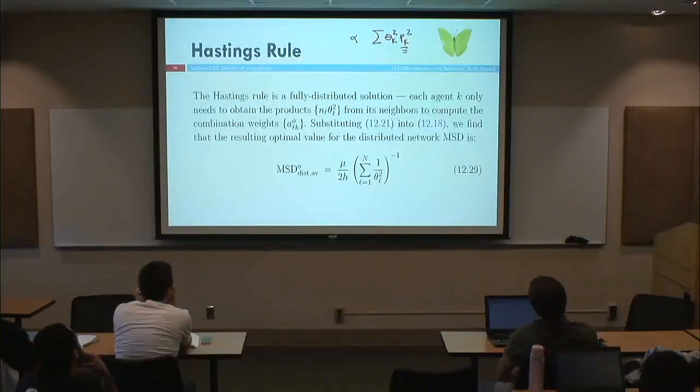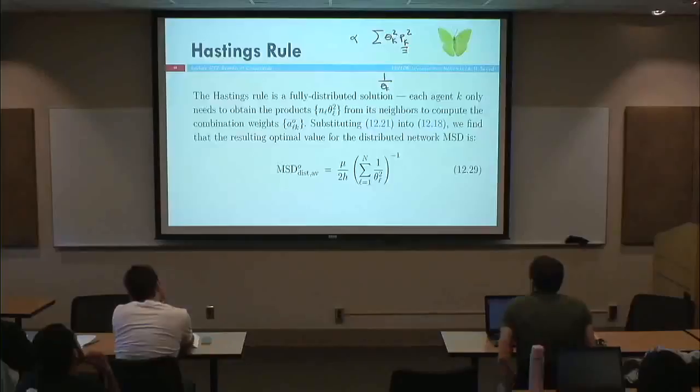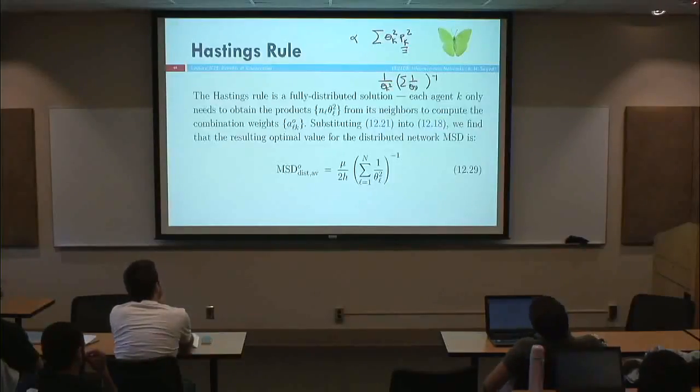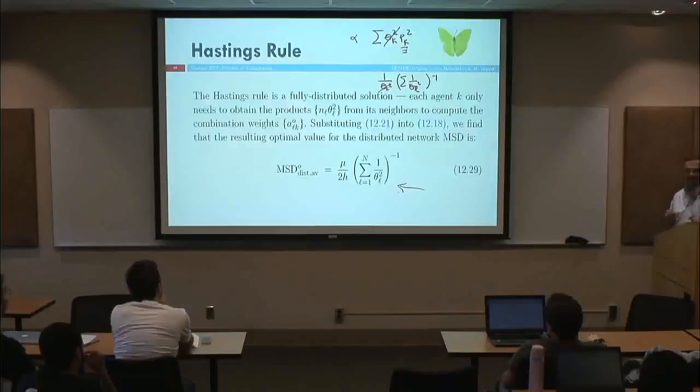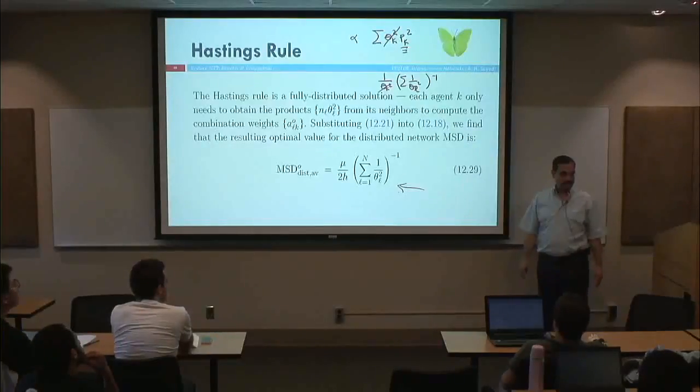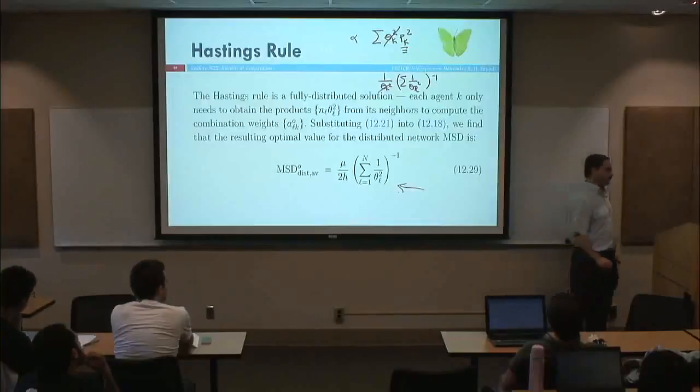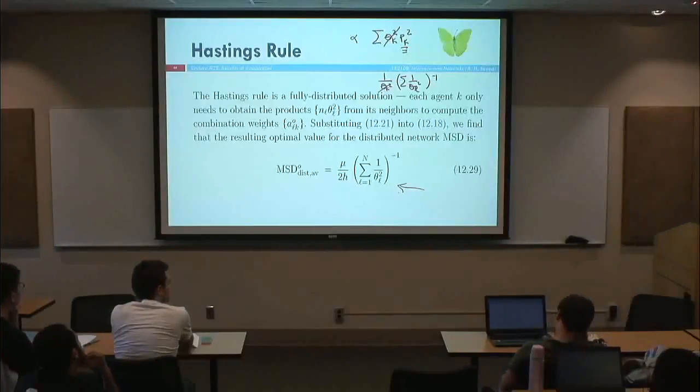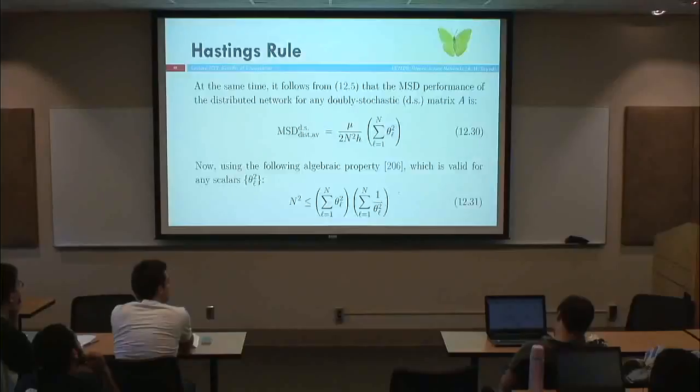And now each one of these p_k's is 1 over theta_k squared, over the sum of these, correct? So you see that this cancels that. You're going to get something like that. This is the optimal performance. Fine? The optimal distributed performance.